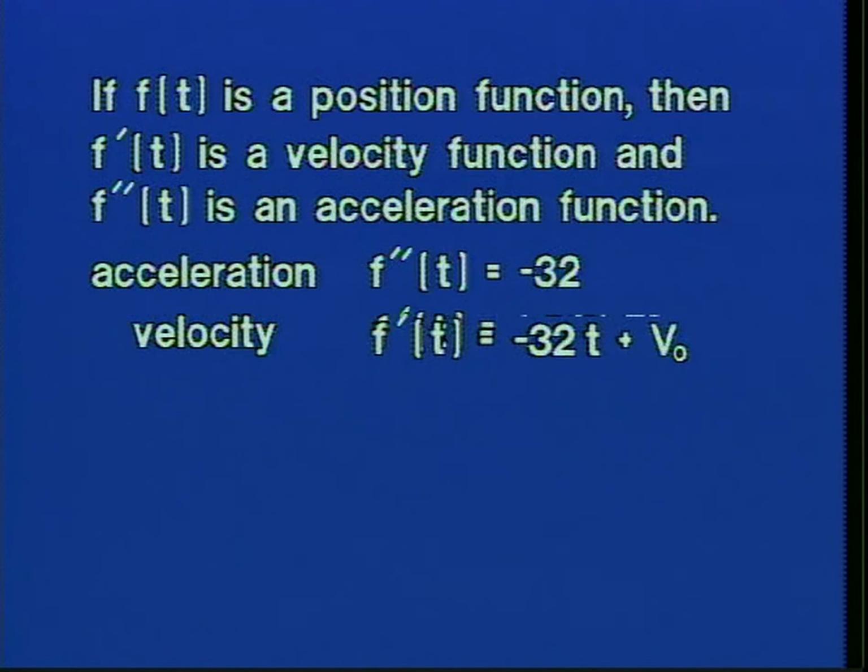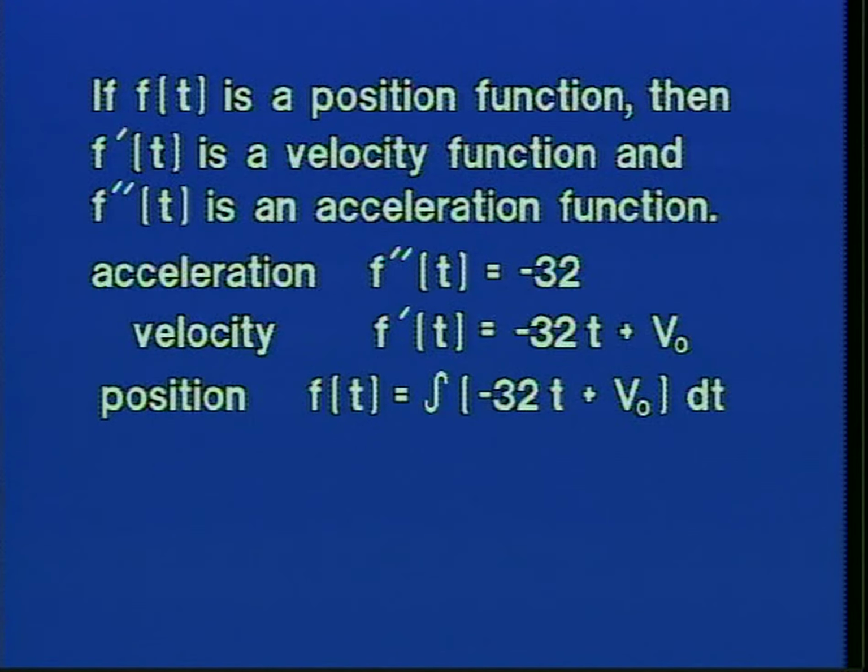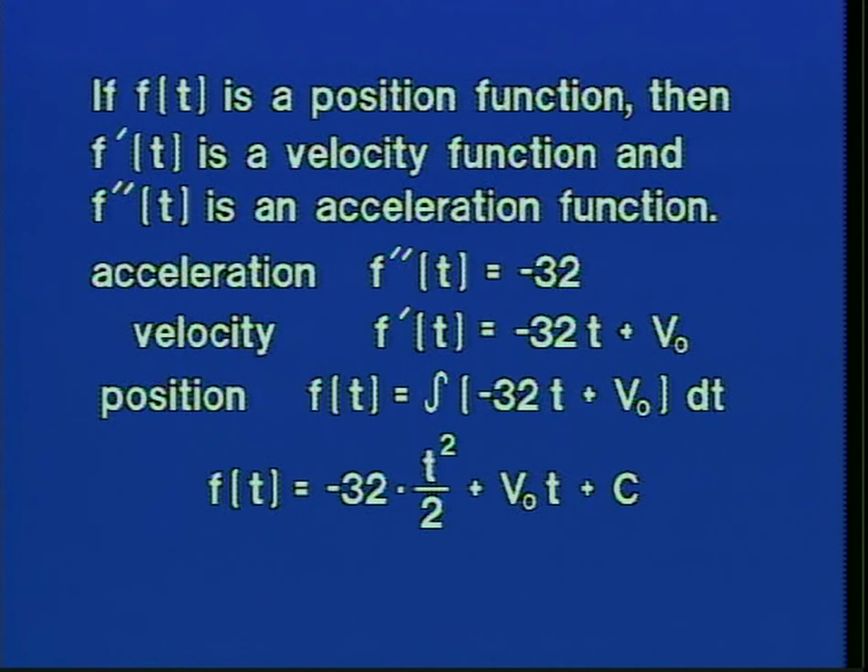All right, now we'll turn our attention to the position function, and the position function then is the antiderivative, or the integral of the velocity function. So we want the integral of negative 32t plus v0 dt. And we take each part separately, sort of, and it's negative 32t to an exponent 1 larger than 1, that's 2, and then divide by 2.